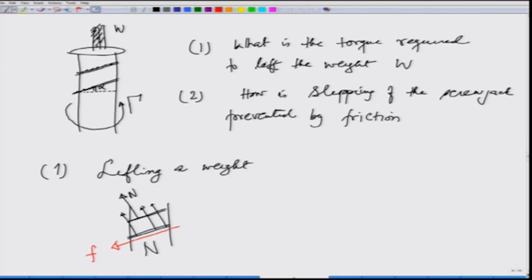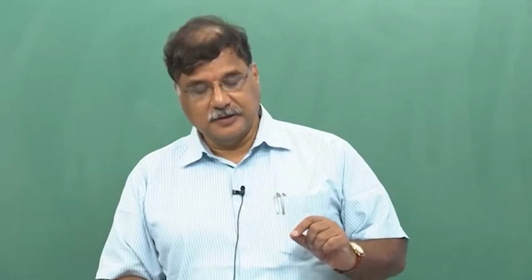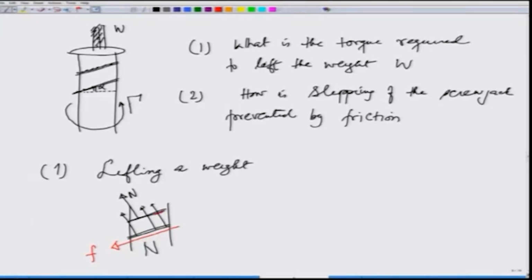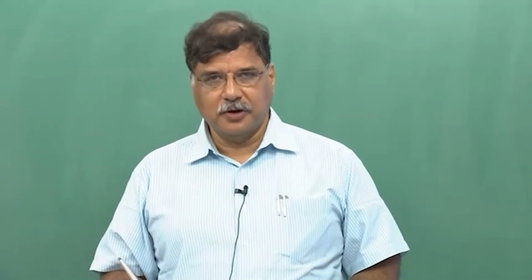The frictional force is a necessary thing here and has to be accounted for, because it is friction that prevents the slipping. So, the net of this frictional force we are going to call F, and if I look at it from the top, how does the frictional force work? It actually works all around the screw. Therefore, the net force is 0, but the frictional force does provide a torque.